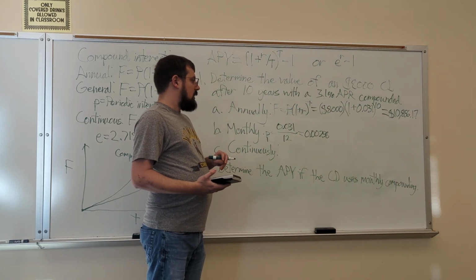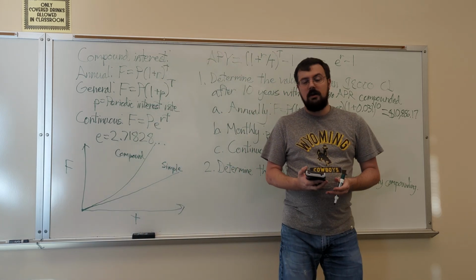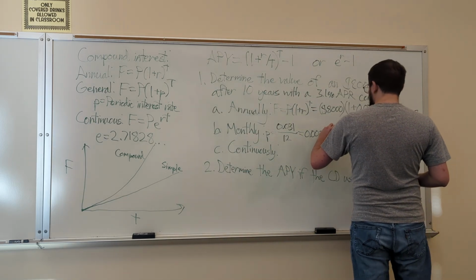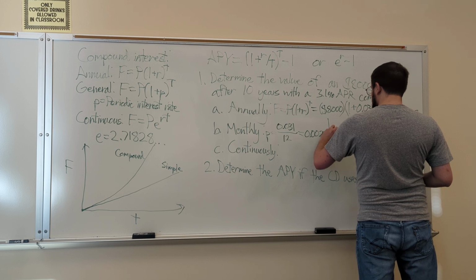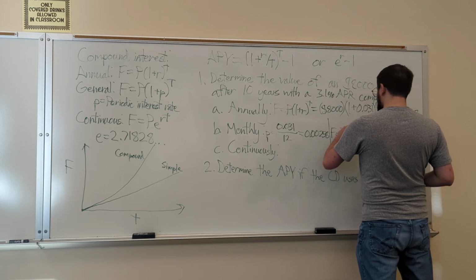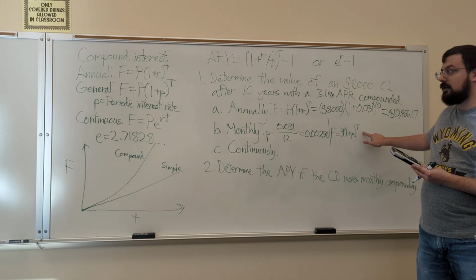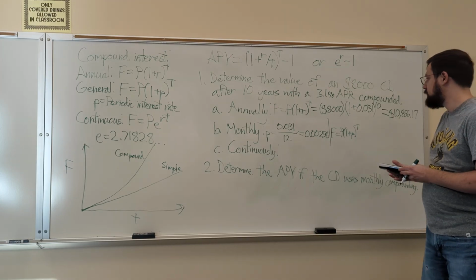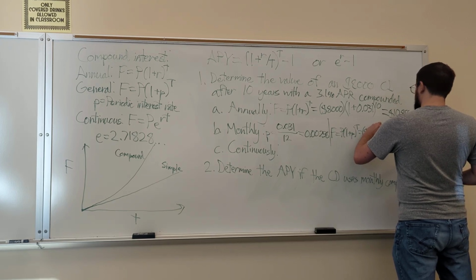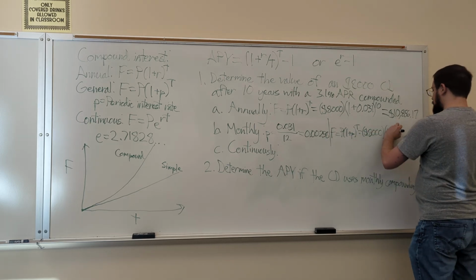So if we plug this into our general compounding formula, F is going to be P times 1 plus lowercase p to capital T. This is the total number of times compounding occurs over the whole CD. So this is going to be 8,000 times 1 plus P, we just calculated, 0.00258.